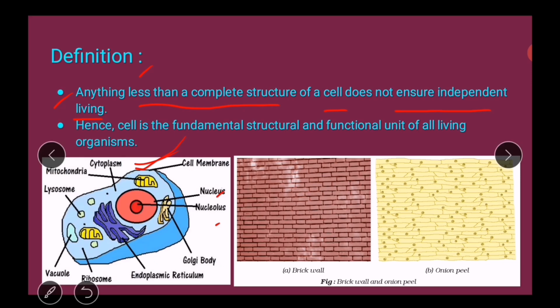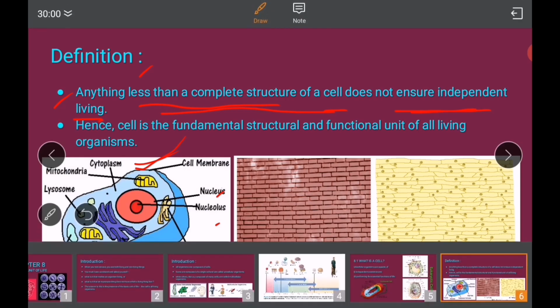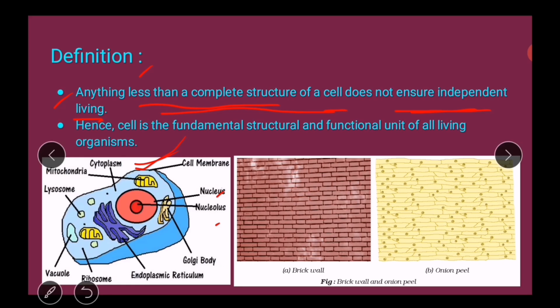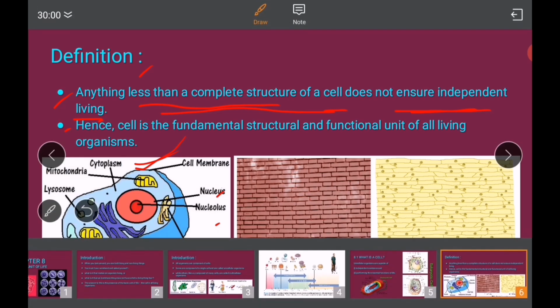By itself, the organelles are not living. Clear? That is why anything less than a complete structure of a cell does not ensure independent living. It is not living anymore. It is dead. Clear?